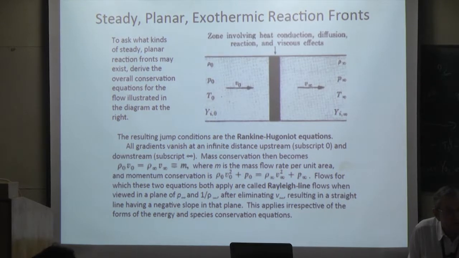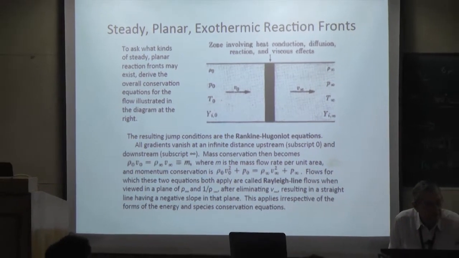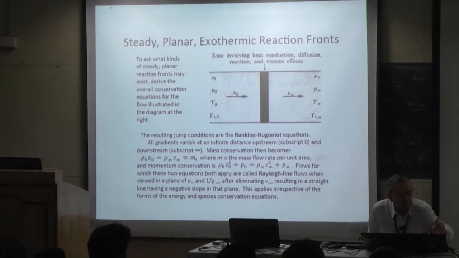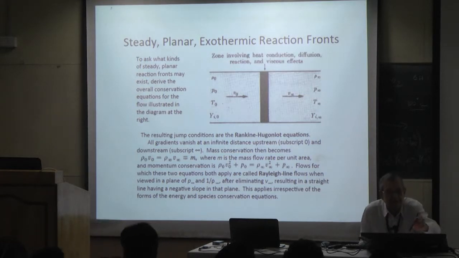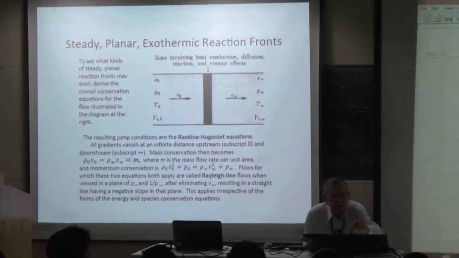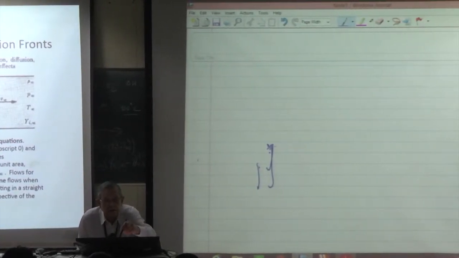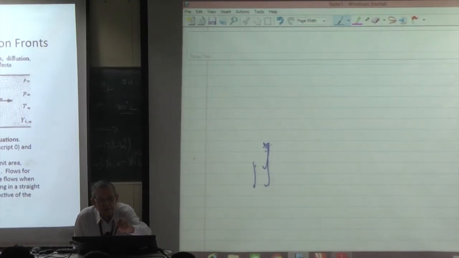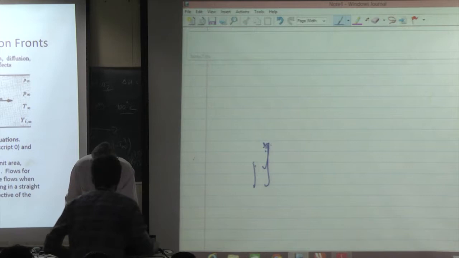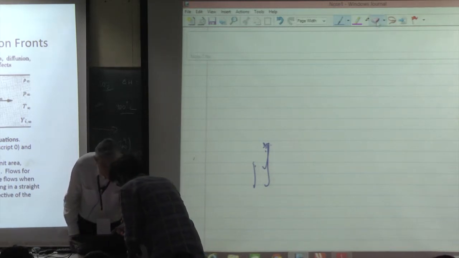I pressed something by mistake. How come it's not writing here? It looks strange. I thought I could use this very easily, and it's not doing what I want it to do. Suppose I want to erase.